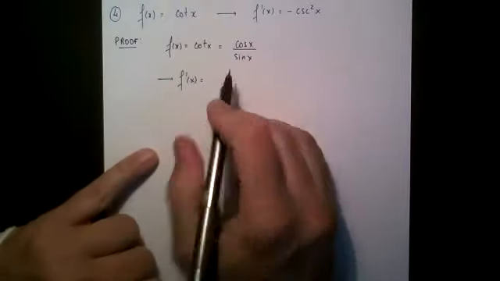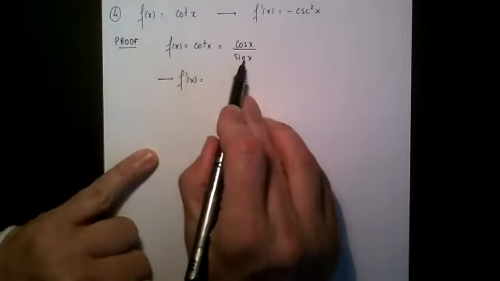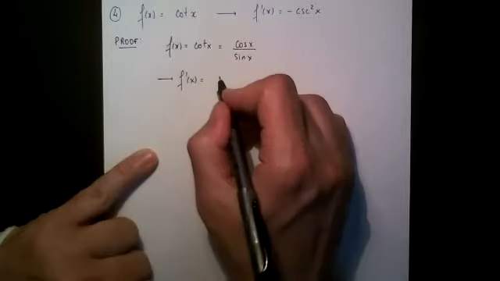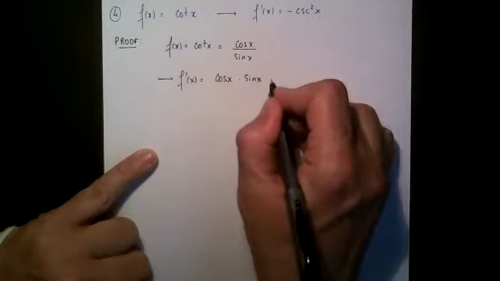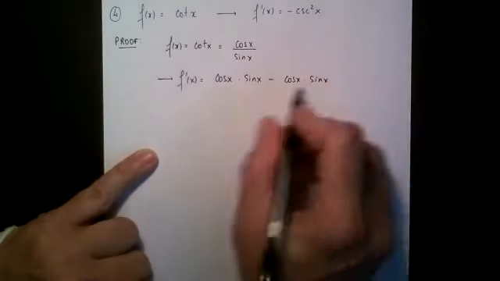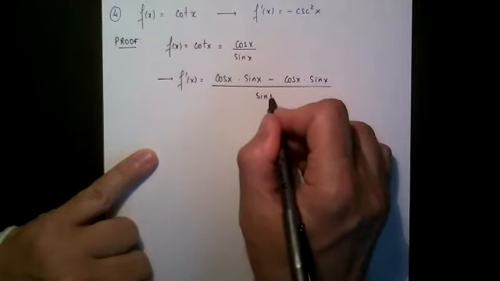Thanks. Okay, so f of x is cotangent x equals cos x over sin x. And now I'm going to use the quotient rule again. So derivative of top times bottom minus top times derivative of bottom over bottom squared.